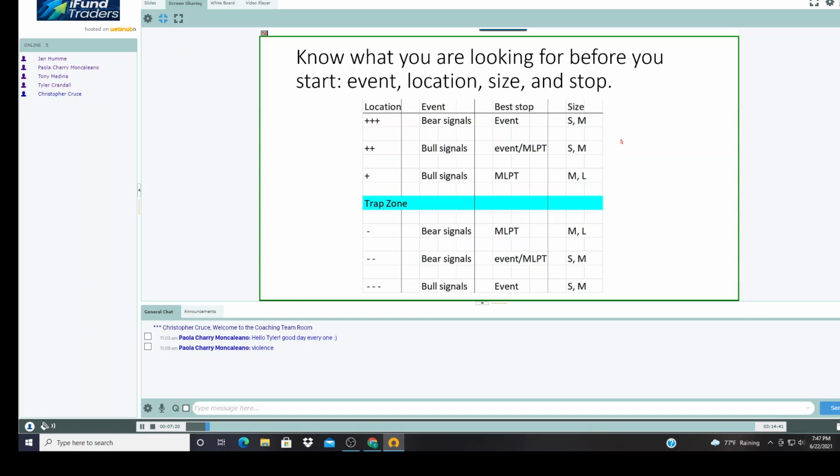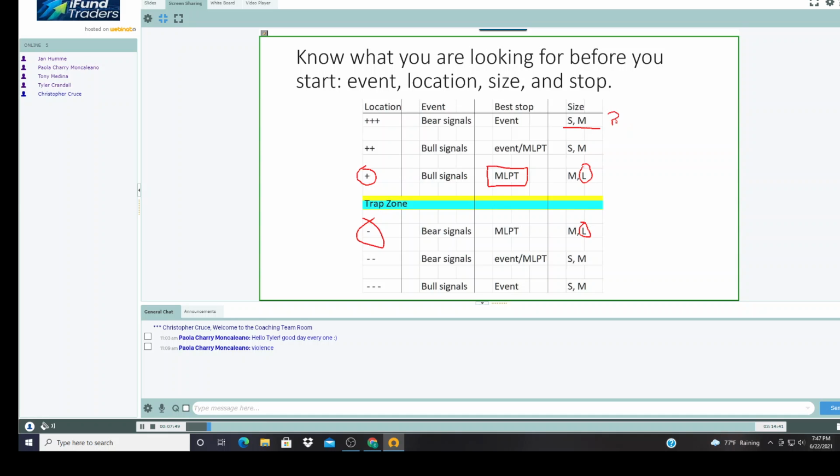So this is a good thing, just so you go, I'm in this position, I only look at this, I only do this kind of stop, I only have this kind of size. The only time that I'm going to use large size is when I'm using max loss per trade. And the only time I'm going to use max loss per trade is here and here. So if your max loss per trade is a particular size, and that's large, how much is small and medium?